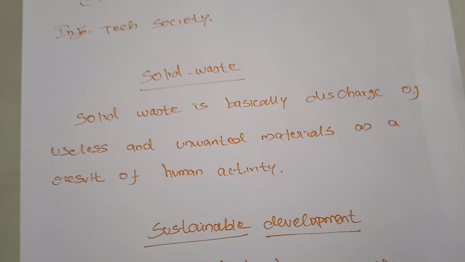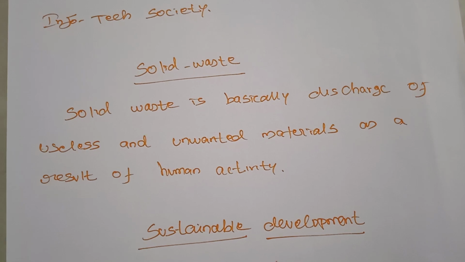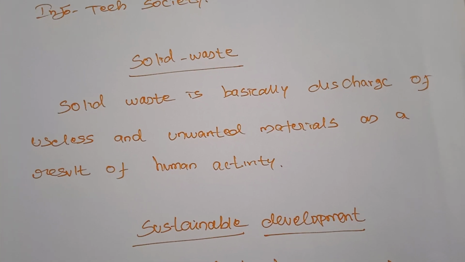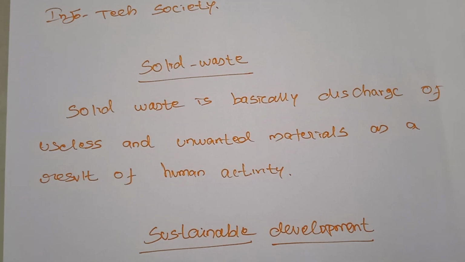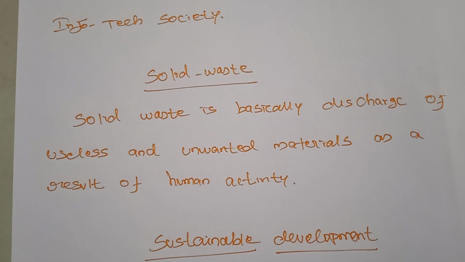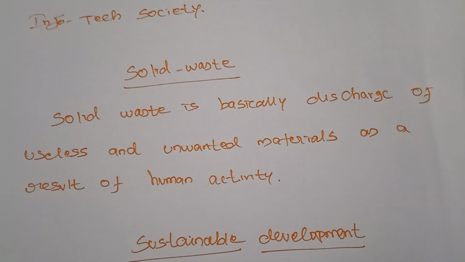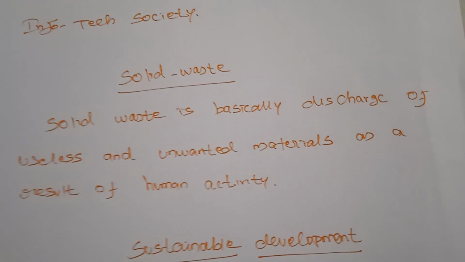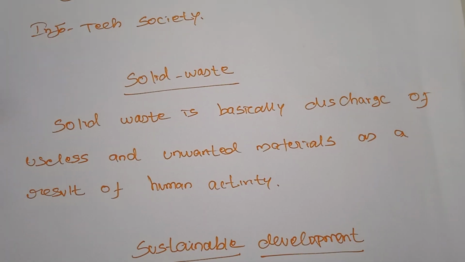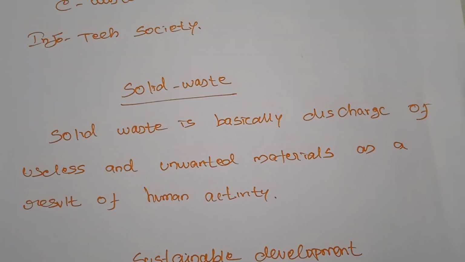Normally, if people use any commodity, they use it for a particular number of days only. After that, they throw it out and go on to purchase new things. Whatever comes from households and industries through human activities is called solid waste.